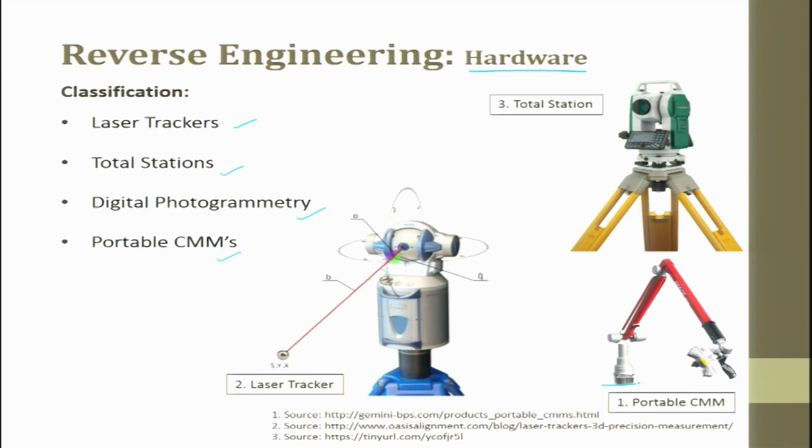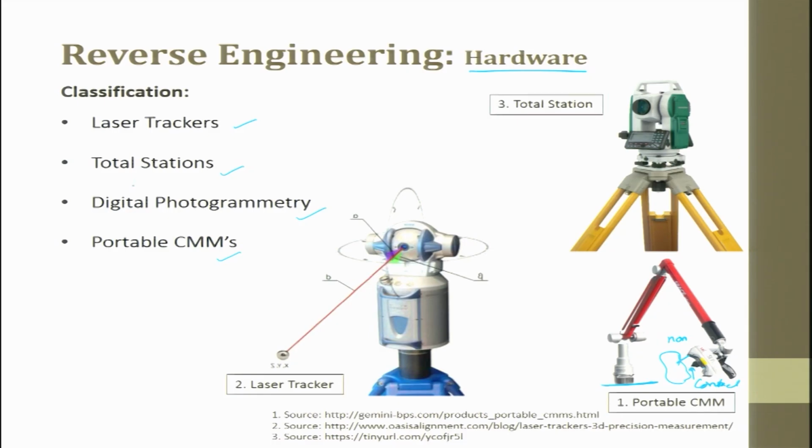This CMM can be fixed in any plane and then you can start acquiring the data of a given object. Here you can see it is contact, and you can also use a laser, which is a non-contact type. So, this can be used to acquire data and collect the points. You have contact type as well as non-contact type. Portable CMM is now becoming very handy.